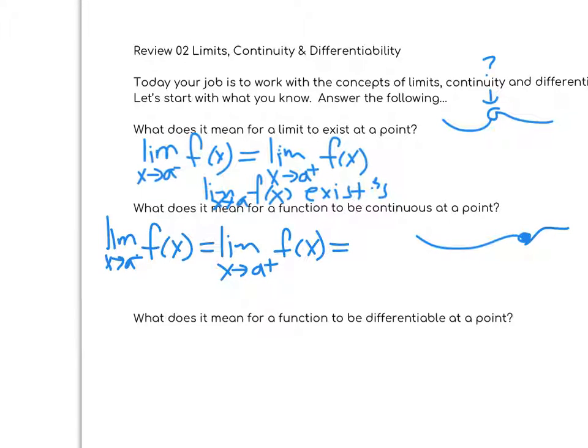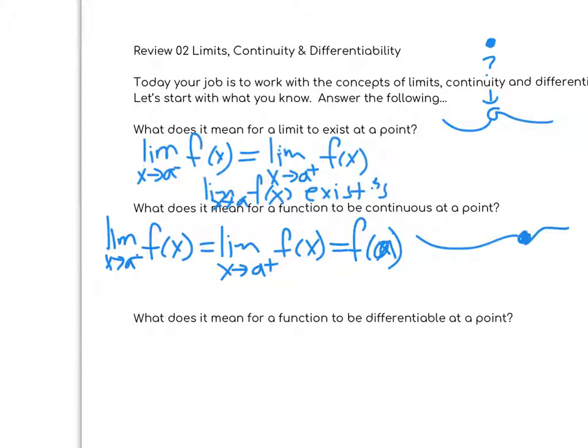That must also equal the same value of the function at that point, or f of a. So in other words, we're not dealing with a random point sitting up above or sitting down below or just not there at all. We have to have that point in place at the same height. If all three of these things exist, we can say that it is continuous.